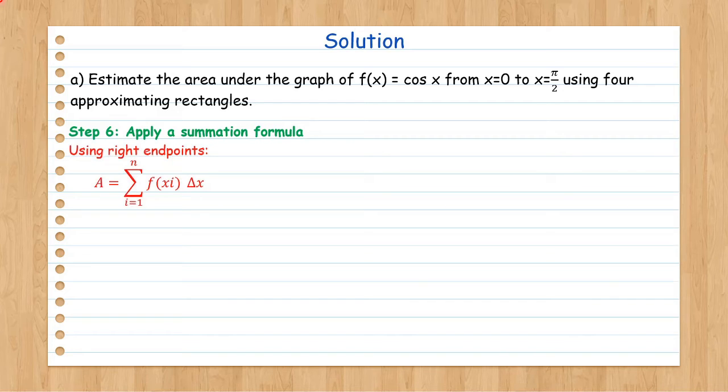So the formula to calculate the area under the curve using right endpoints is as follows, which is written in red. So if I substitute, earlier we have calculated the width of the rectangle, which is change in x.